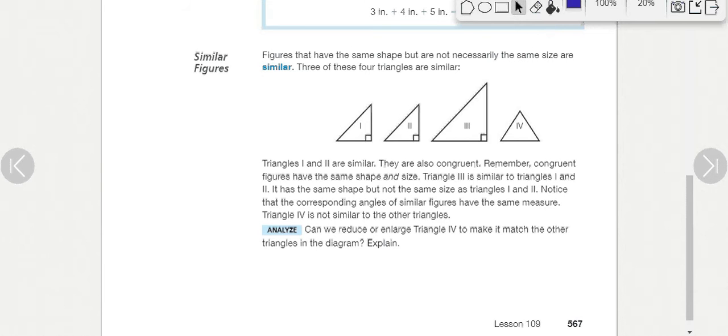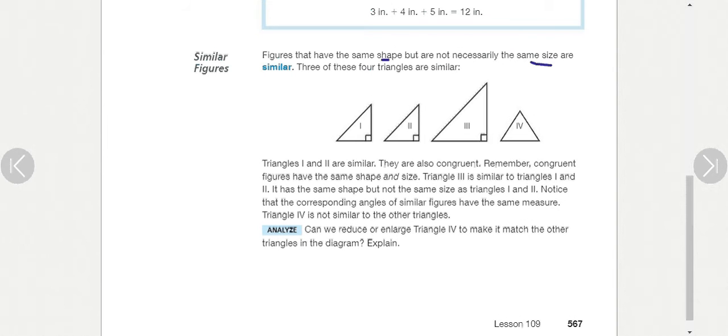Similar, I said, is going to be like congruent, but the same shape may not mean the same size. Therefore, the sides might not be the same. Like, this does not equal this. This is much bigger. Triangle 3's height is bigger. But they are the same shape, so they have a very close relationship to each other.